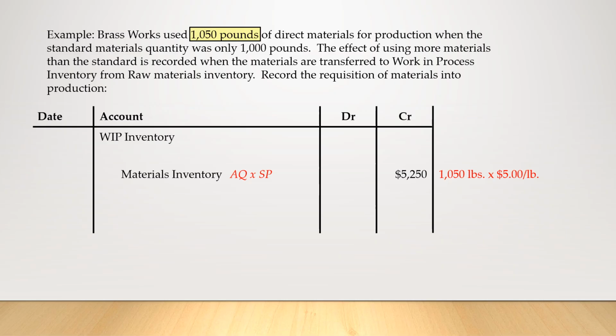Work in process inventory is debited for the standard quantity times the standard price. In other words, we are recording the quantity that should have been put into production at the cost we should have paid for it. This amount will be 1,000 pounds times $5 per pound. To figure which variance we will record here, notice how the prices are identical.